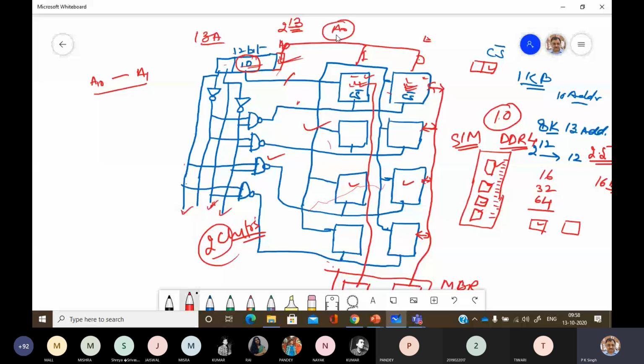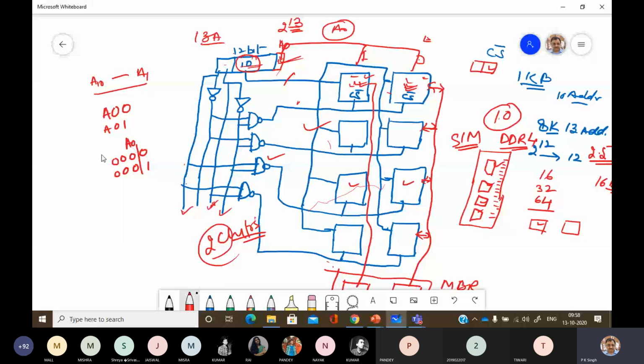Okay, it will select both the addresses, and just see, your addresses are A00 and A01. This 0 is written as 0000, and this is 0001. This is the A1 line.